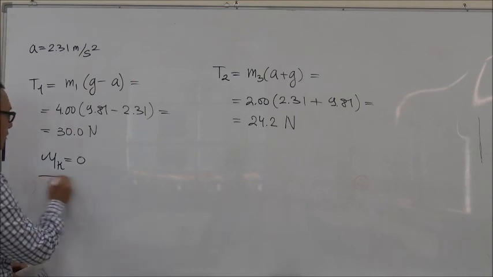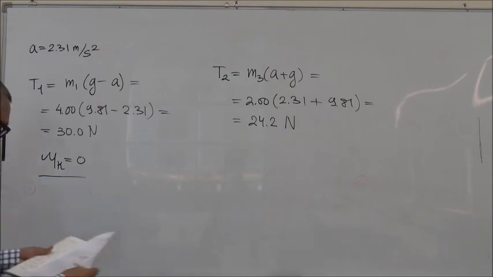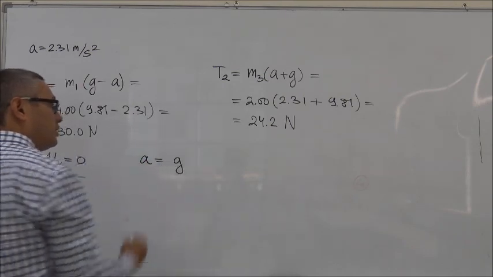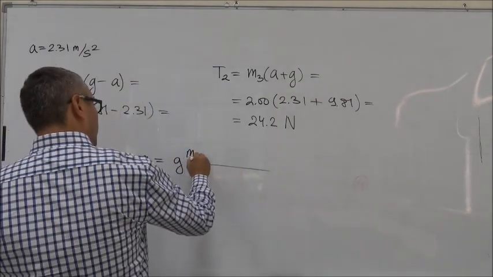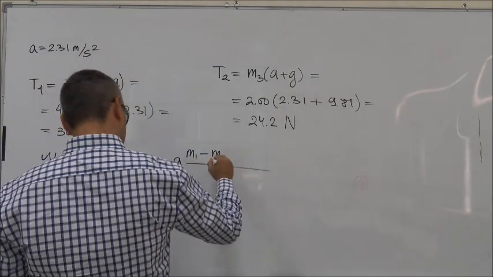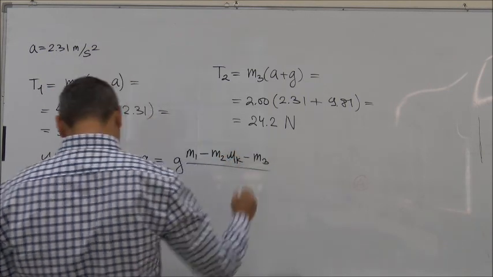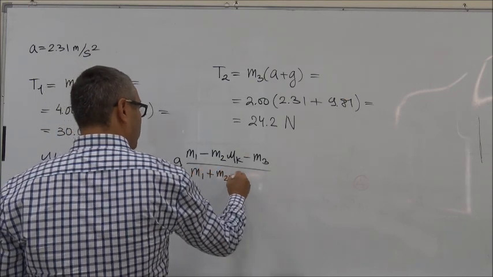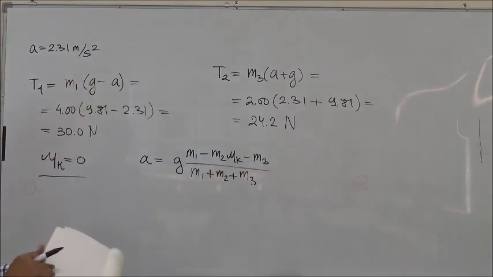To answer that, let's look at the symbolic expression for the acceleration that we found in part B: acceleration is equal to g times M1 minus M2 mu K minus M3, over M1 plus M2 plus M3.